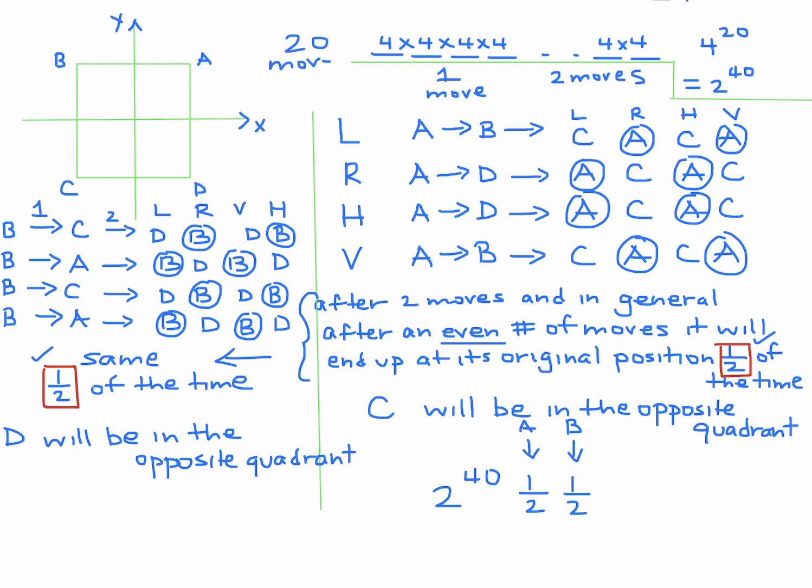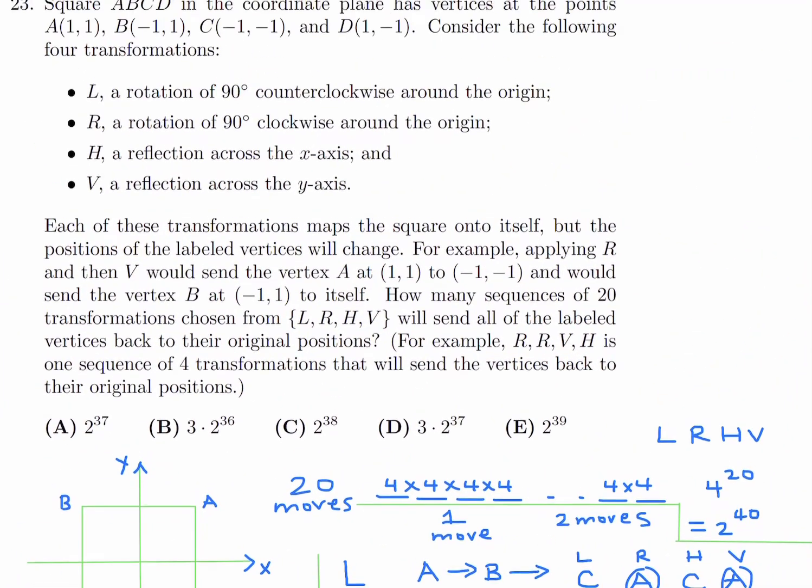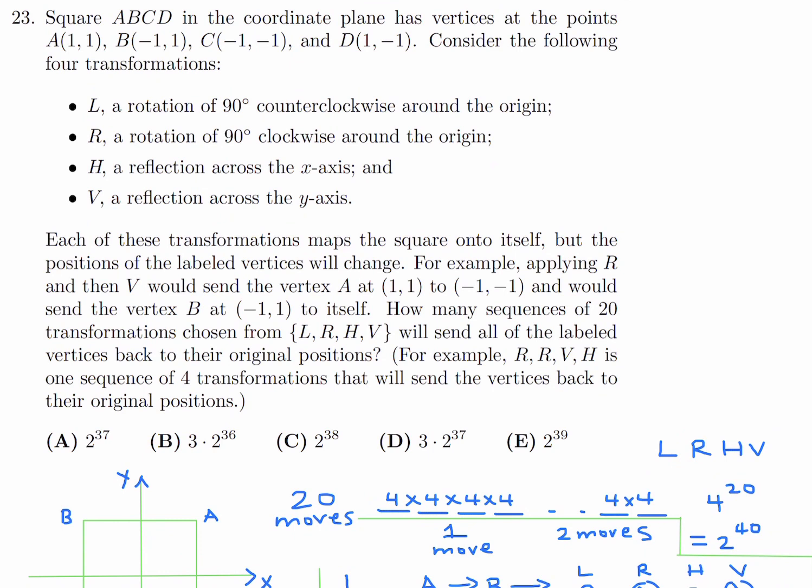That is what they told us in the beginning of the question. So this becomes 2 to the power of 40 over 2 to the power of 2, which is 2 to the power of 38. And therefore, number 23, the answer is C.